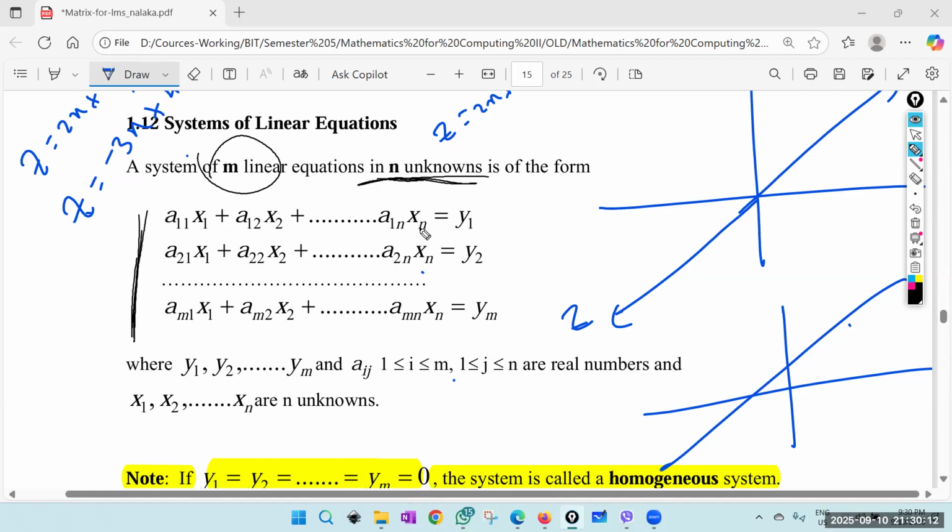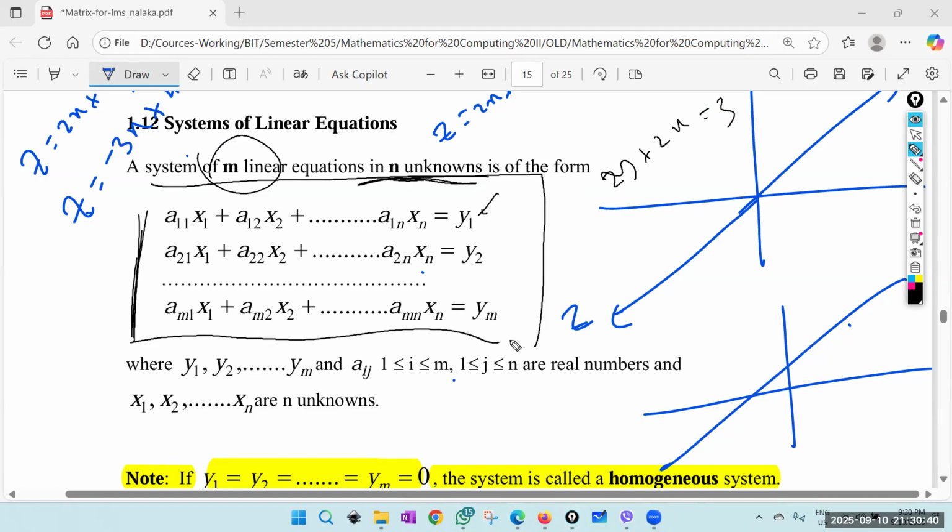So that means n unknowns, m equations. And here y1, y2, ym are just constants. Remember, we can write y plus 2x equal 3. So don't think that y is a variable, right? Here we just use y as a constant. Or you can say C1, C2, Cm. Okay. And this kind of system is called a general linear equation or system of linear equations.